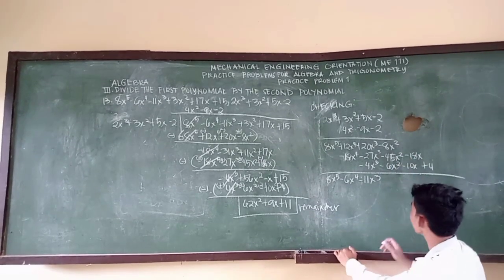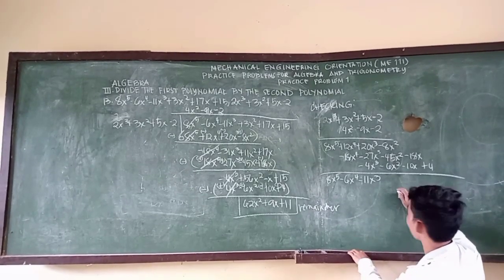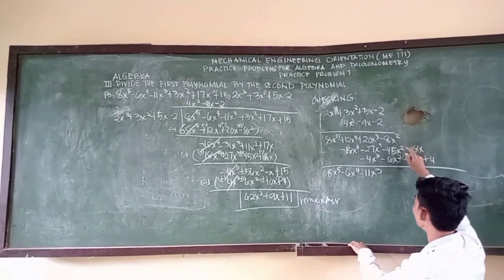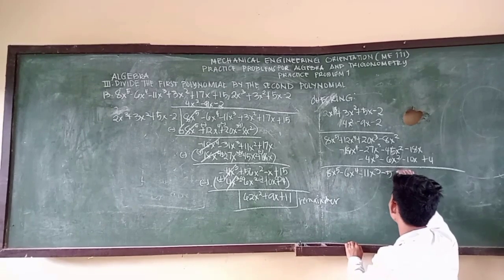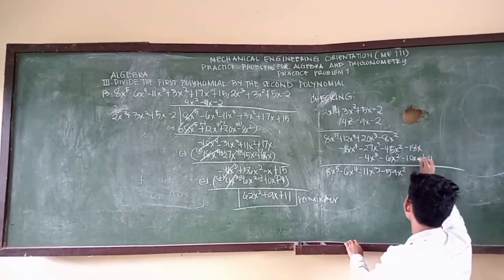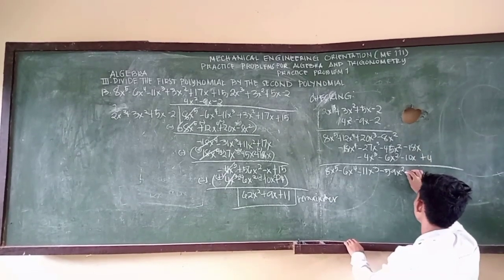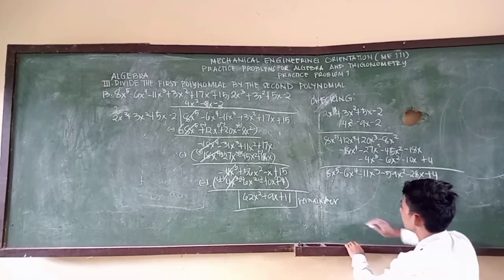And then negative 8x squared minus 45x squared minus 6x squared will give us negative 59x squared. The negative 18x minus 10x is negative 28x plus 4.